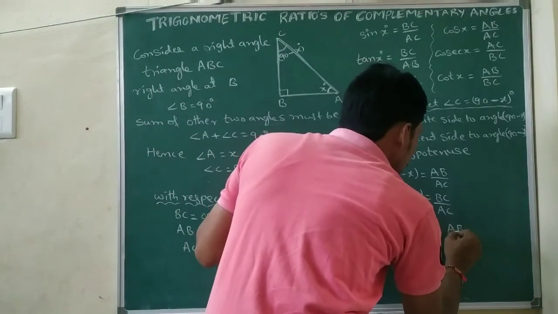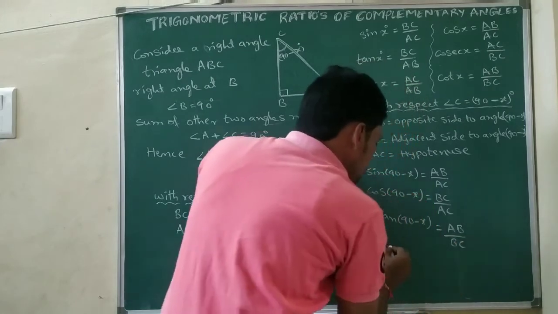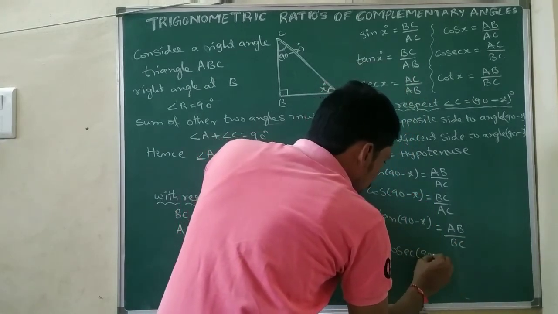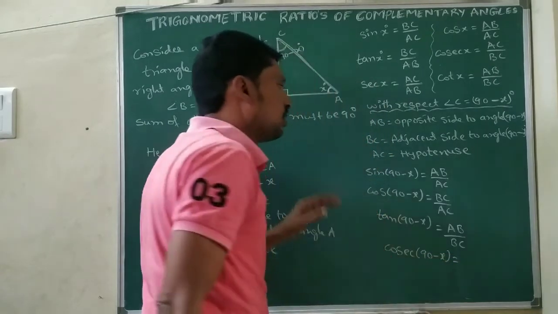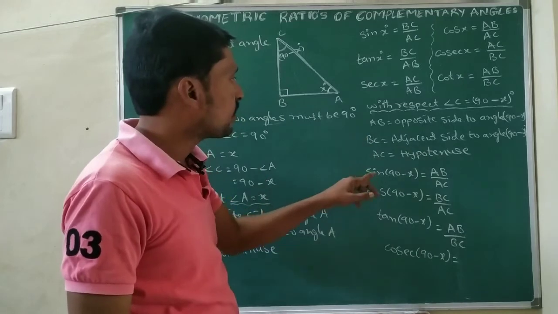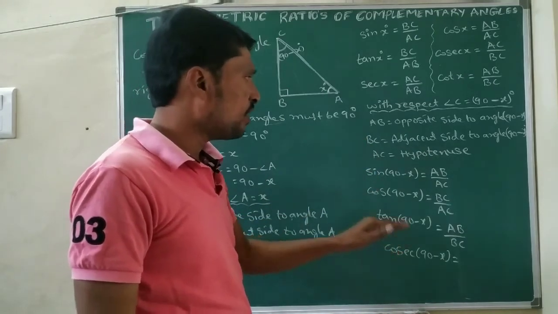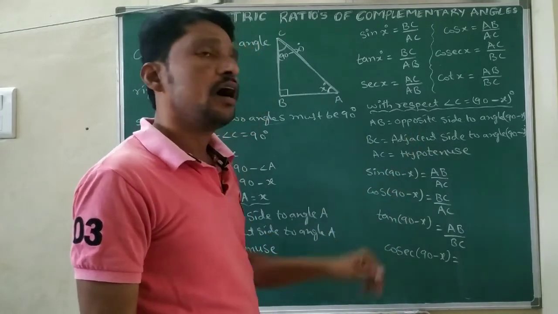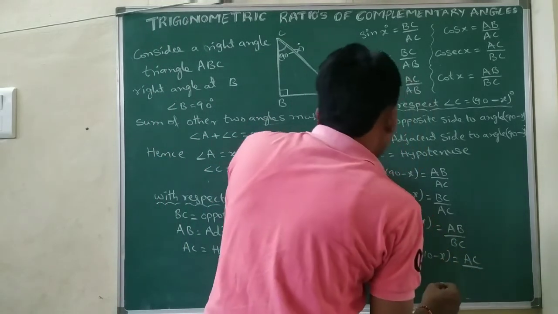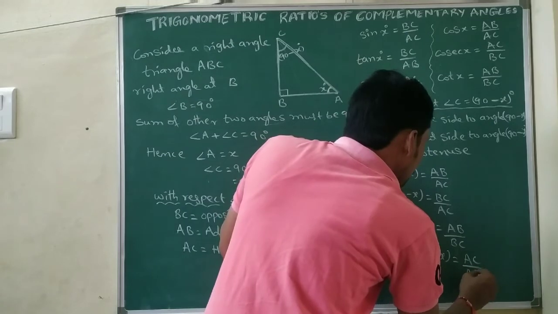So AB by BC. Next cosec 90 minus x. Cosec means hypotenuse by opposite. Hypotenuse is AC by AB.